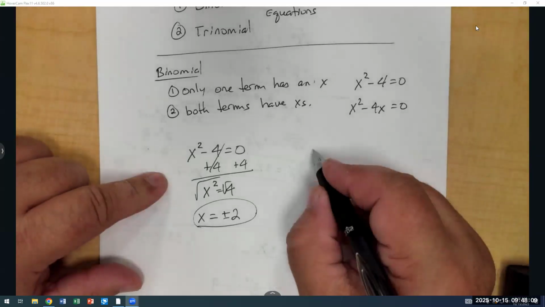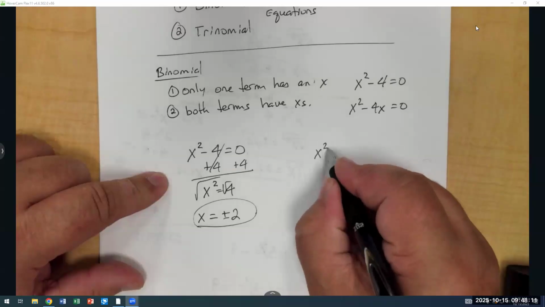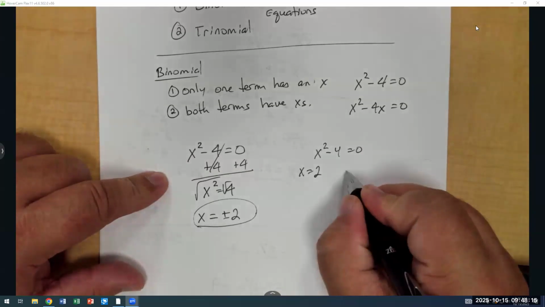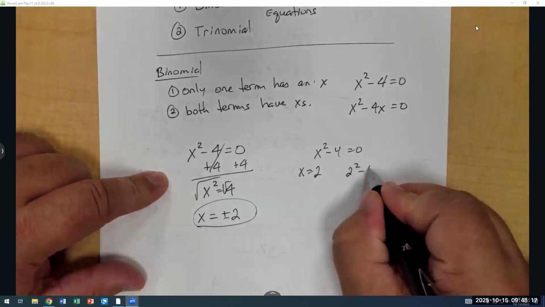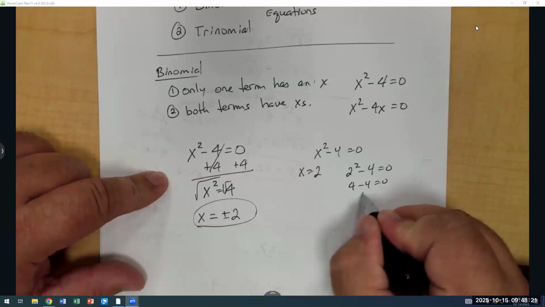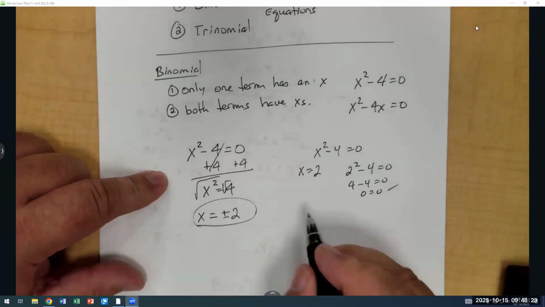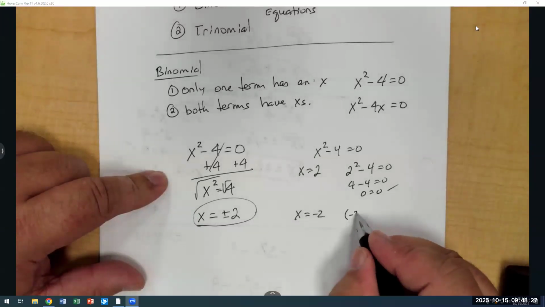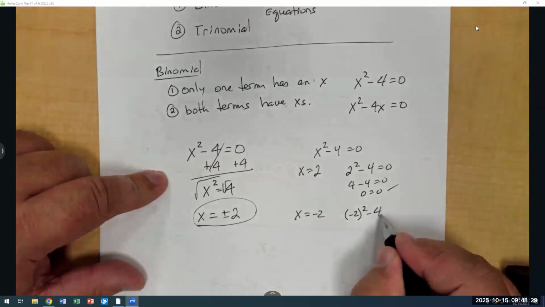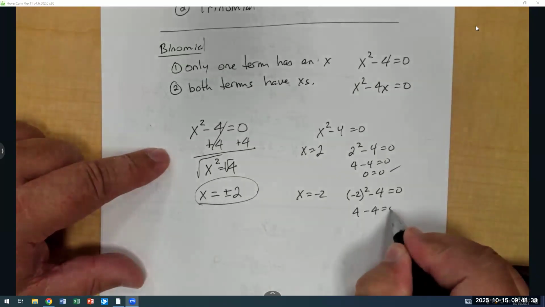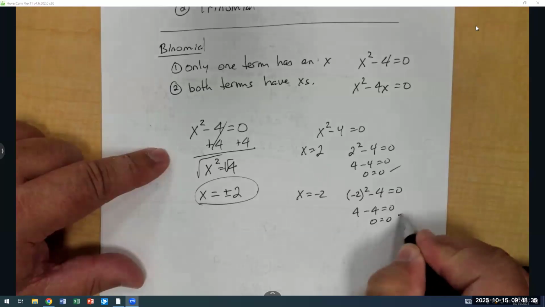You check your answers. So x squared minus 4 equals 0. If x equals 2, we have 2 squared minus 4 equals 0. 4 minus 4 equals 0. That works. If x equals negative 2, then we have negative 2 squared minus 4 equals 0. So they both work.